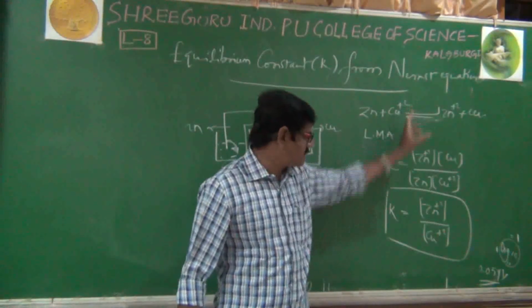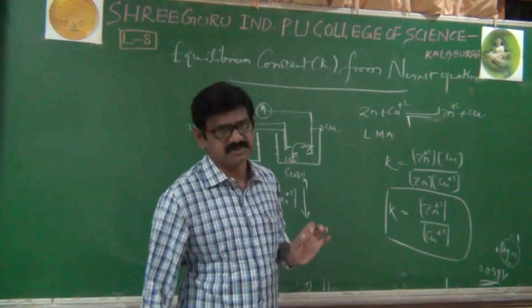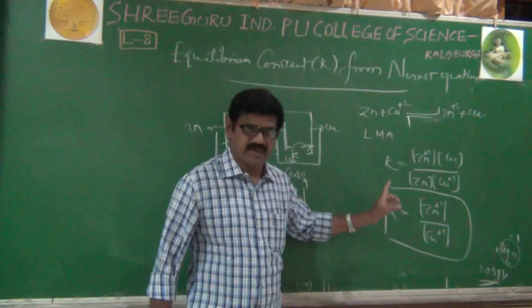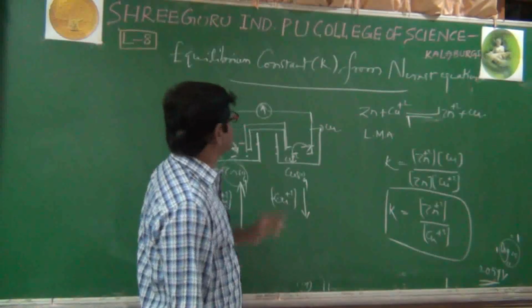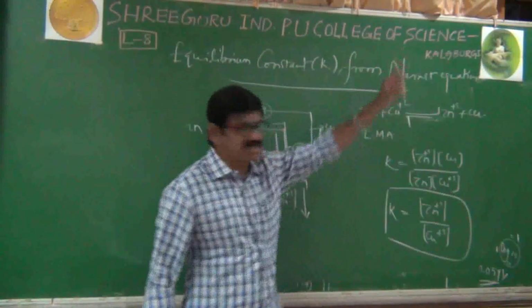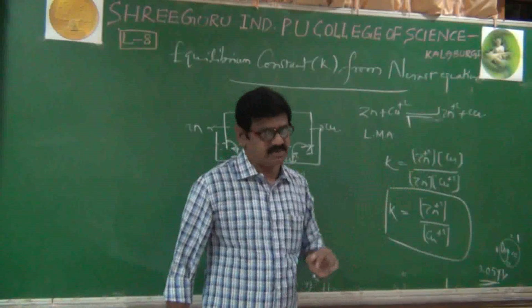With the help of the Daniell cell, we have written the equilibrium constant K value. But this is not the final derivation, because we have to derive the equilibrium constant from the Nernst equation. Still here we have not used any Nernst equation, remember.